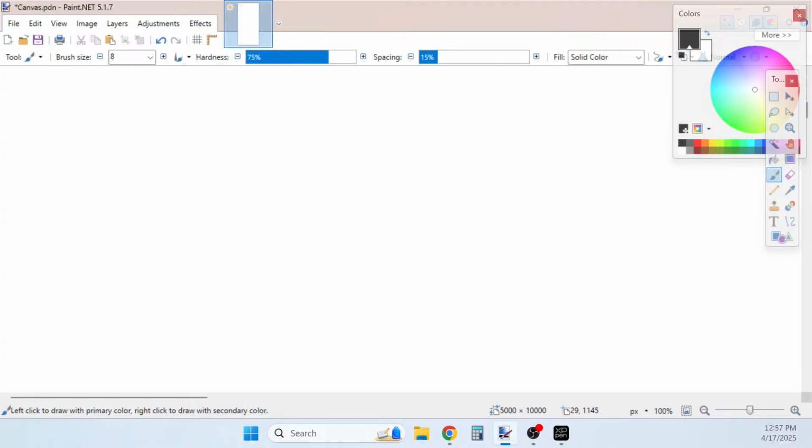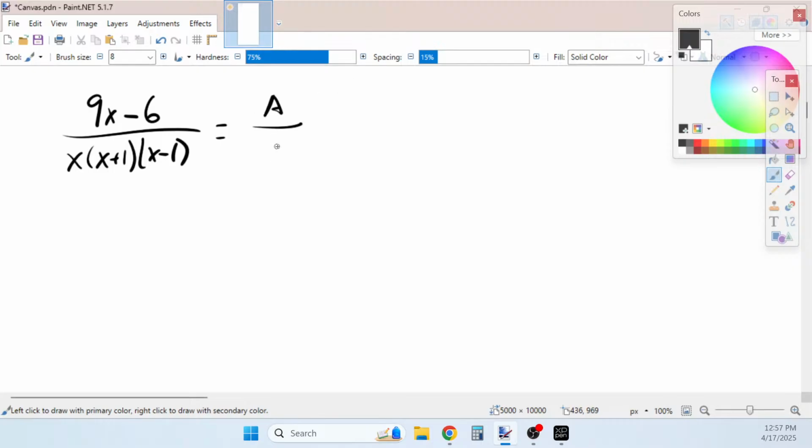Problem. Student wrote down 9x over x plus 1, and got a partial fraction x over x plus 1 plus 4.